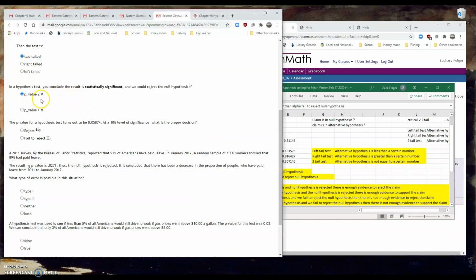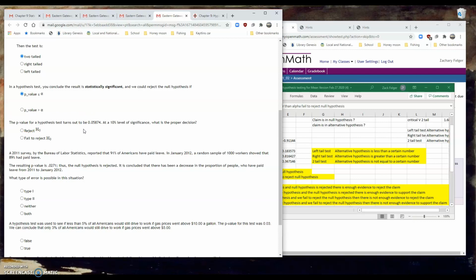So in this case, the p-value is less than or equal to alpha because we could reject the null hypothesis. So if we're able to reject the null hypothesis in this, that must mean the p-value is less than or equal to alpha.